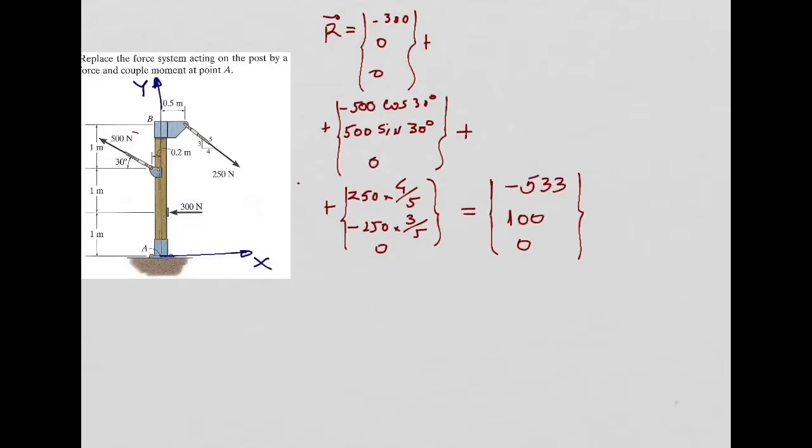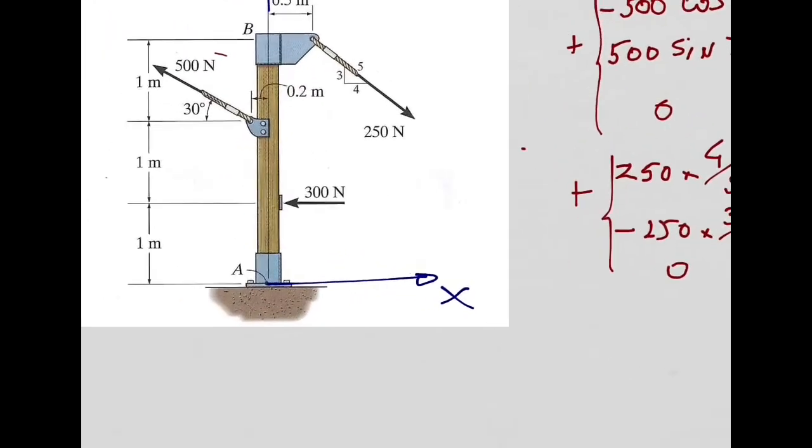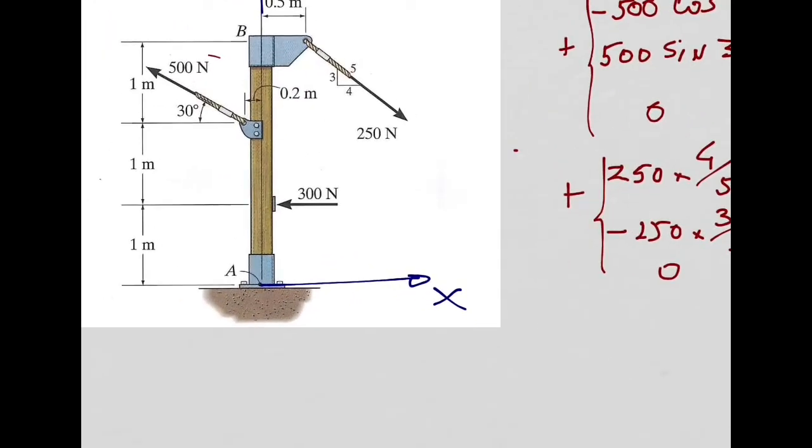In order to build a couple, I'm going to add this 300 newtons here. And then, of course, I need to add this minus 300 newtons in this direction, right? So where is my couple? My couple is this with this, right?